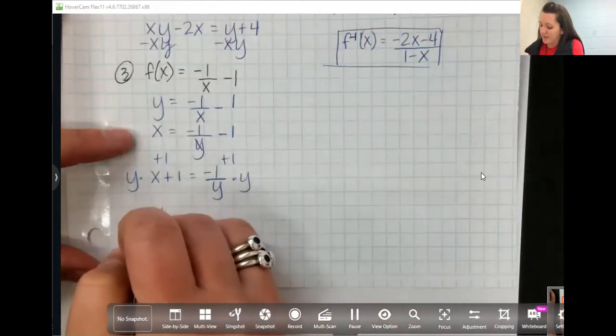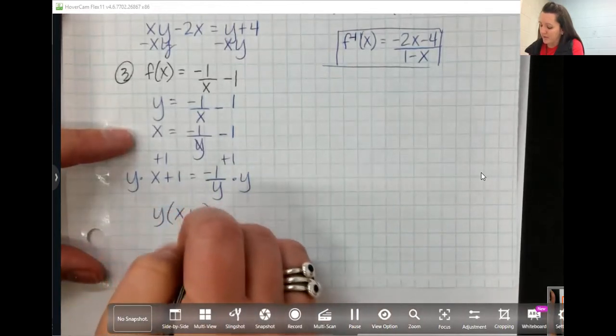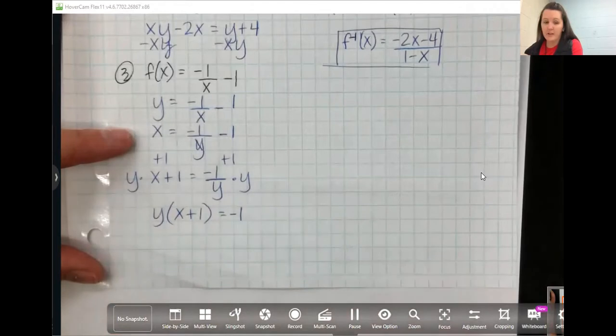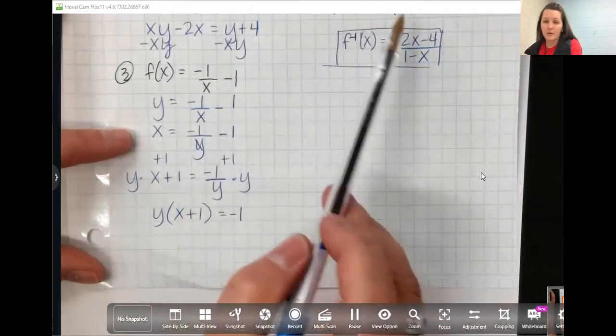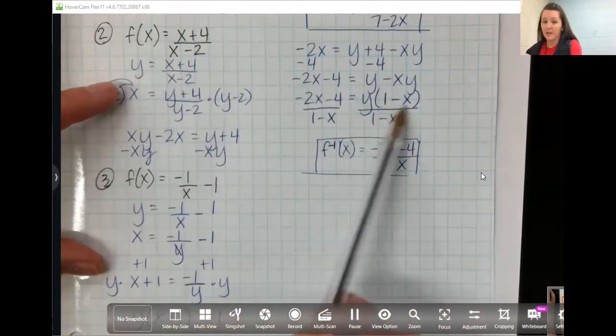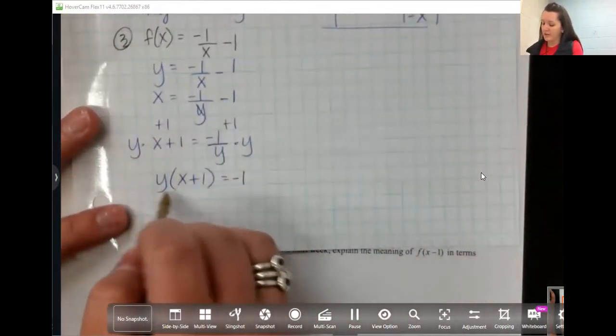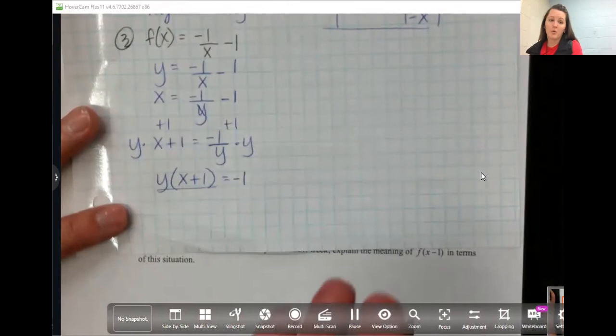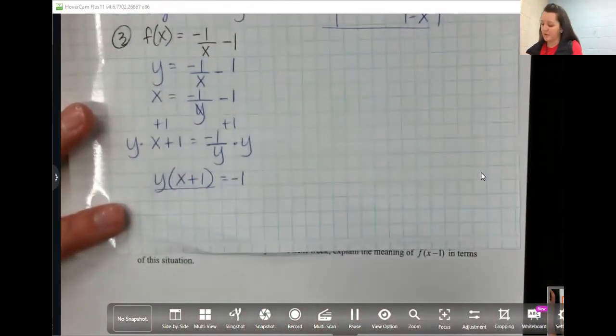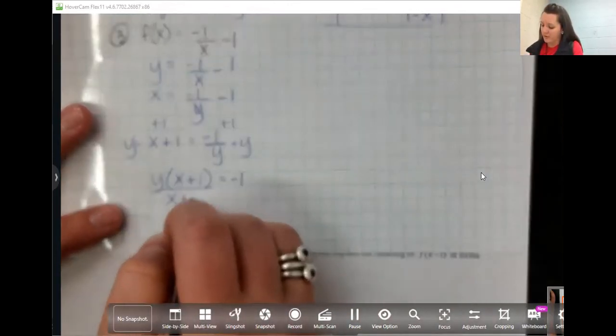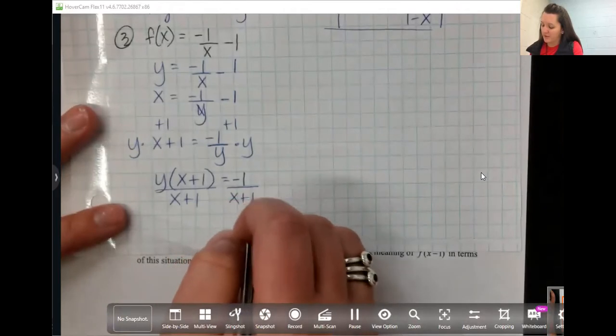Let's keep it like this here. X plus 1 times y equals negative 1, and it kind of looks like one of our last steps on the other problem. So we're going to use that to our advantage. I'm not distributing the y because then that would give me more than 1 y, and that's the opposite of what I want. All I want to do is solve. So I want to get this on the other side by dividing.